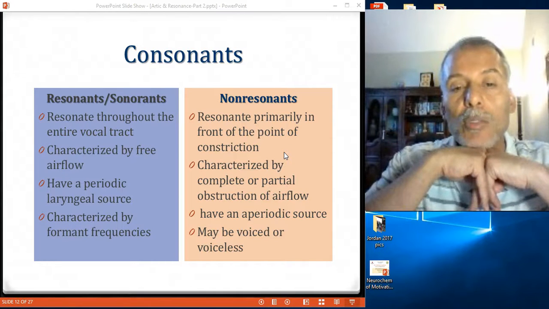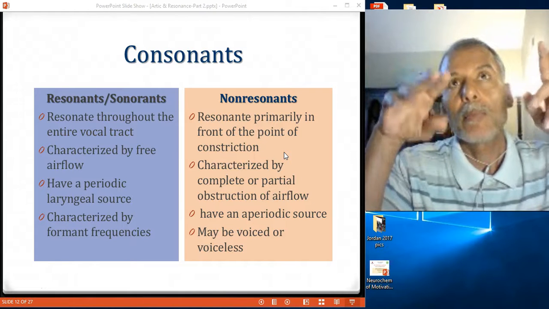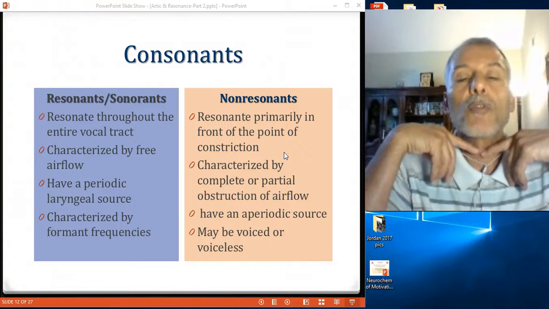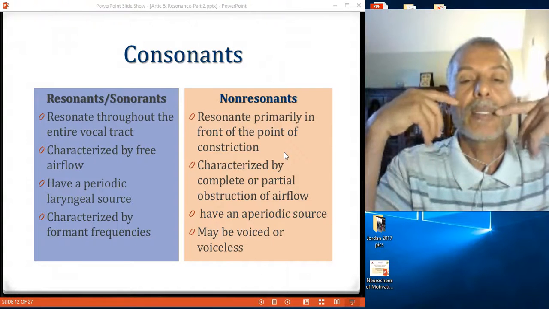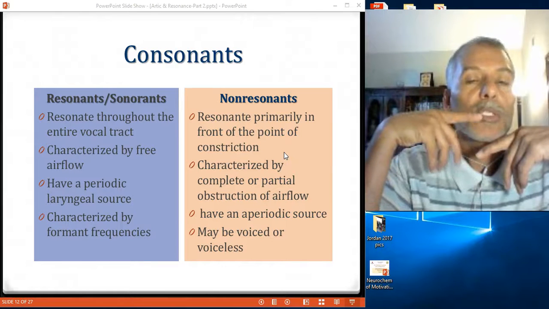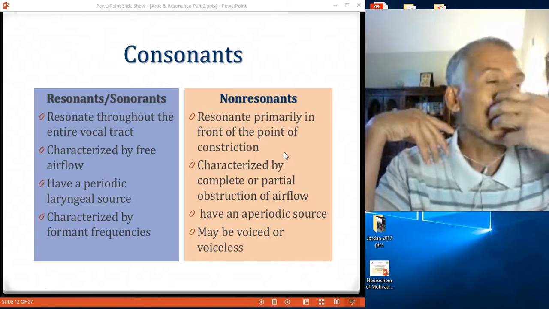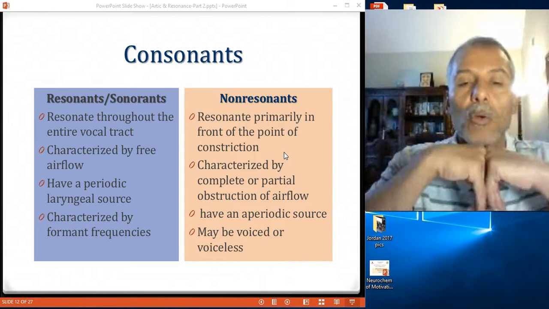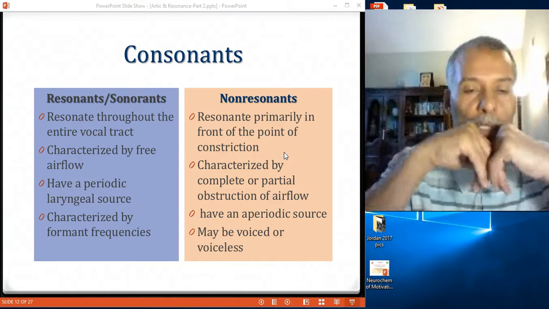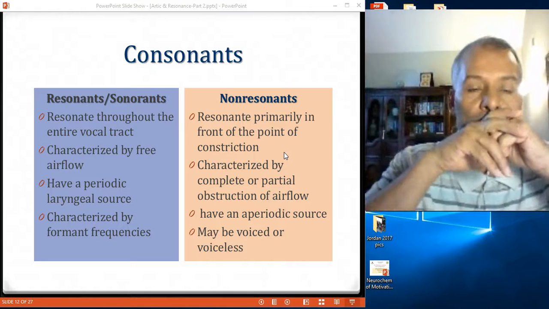The non-resonant sounds could be either a combination of vocal fold vibration and aperiodic tones produced in the oral cavity, or they could be completely made out of oral cavity noises, and they might not have voicing. So there are two categories of them.